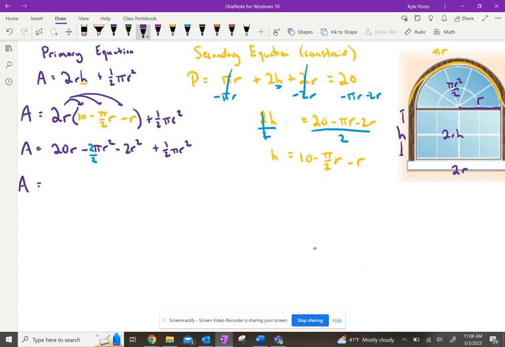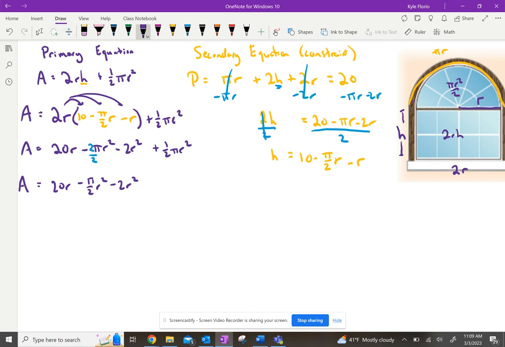So I have negative 2 pi over 2 r squared plus 1 pi over 2 r squared. So that's going to be a negative 1/2 pi r squared. And so we still have the 20r and the minus 2r squared.